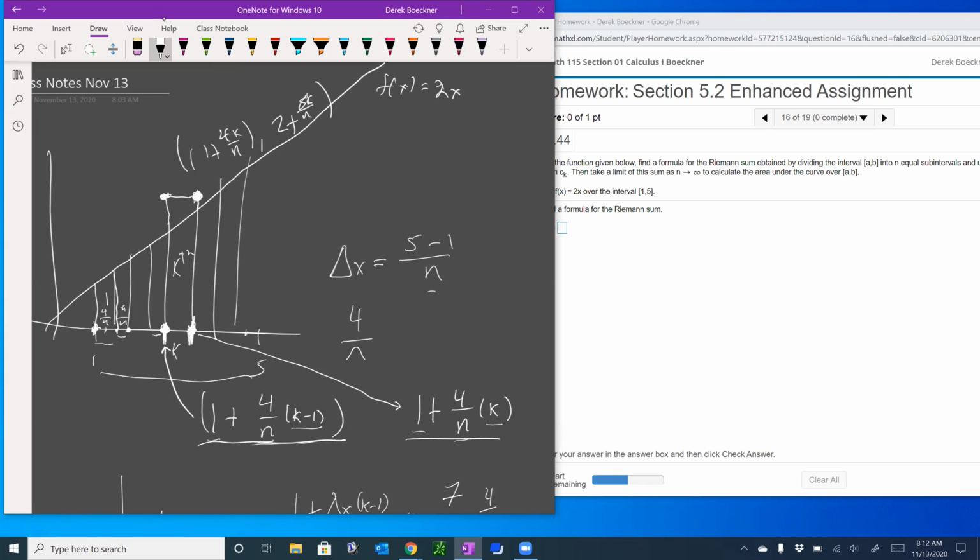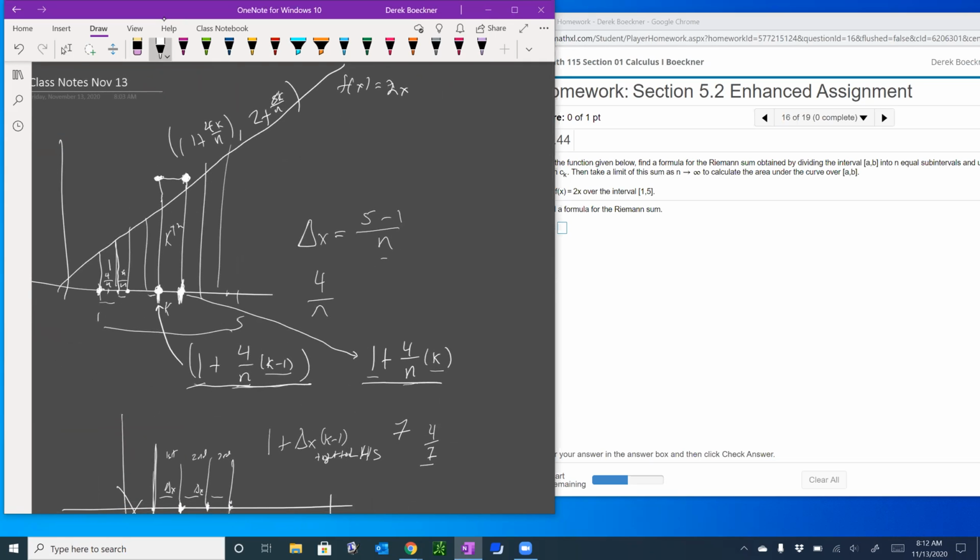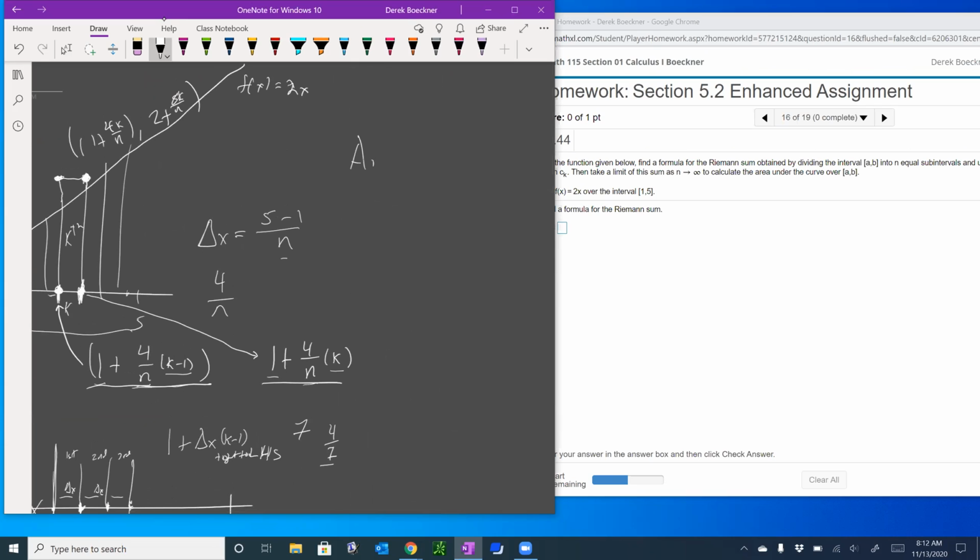Okay, so the kth rectangle has an area. Area of the kth rectangle is going to be 4 over n wide, and it's going to be 2 plus 8k over n tall.